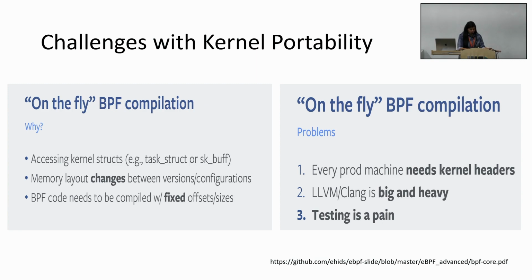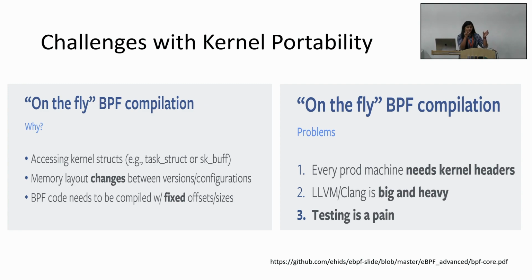I don't have a lot of time, so I'll go through these things quickly. But on-the-fly BPF compilation seemed very relevant at some point, considering the kind of problems we've been having. We need access to kernel structures because you want to understand where this inode is, what is the exact value that we require.